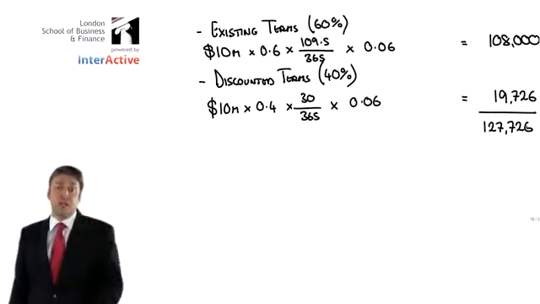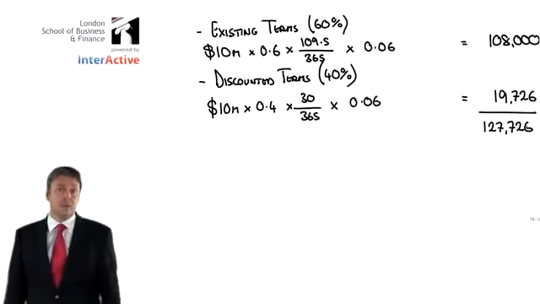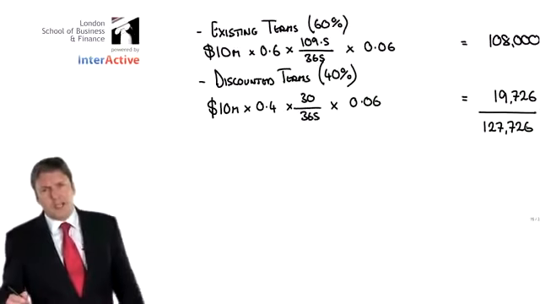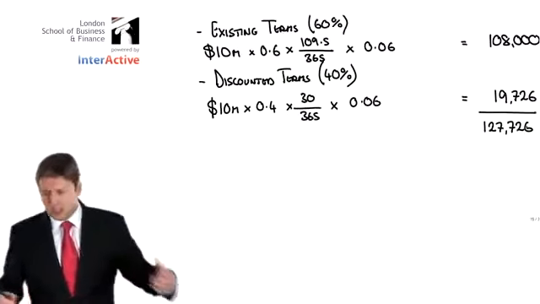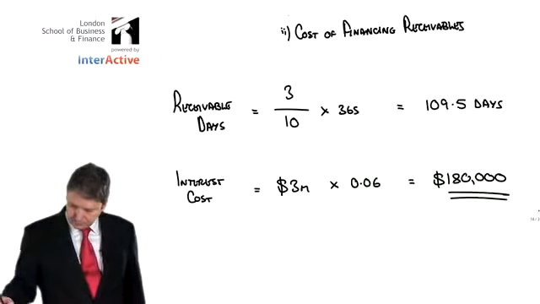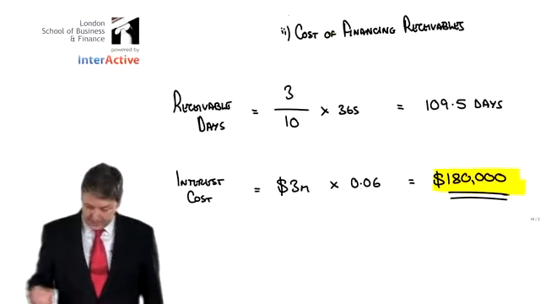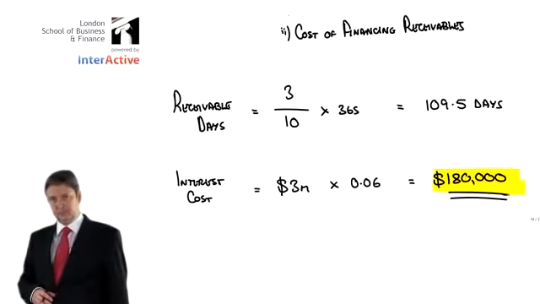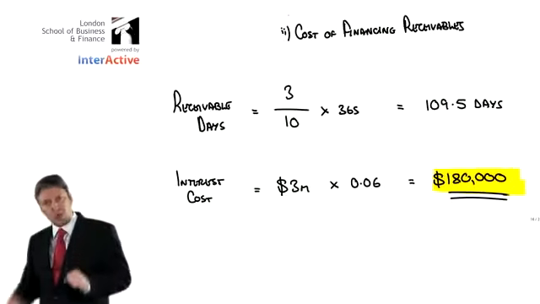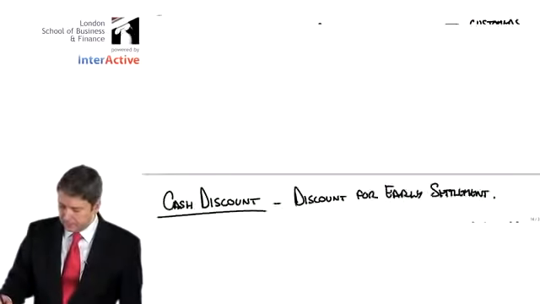Now, before we go any further, let's just remind ourselves of what we calculated before. We said that if we used normal terms, we expected the cost to be 180,000. As a result of offering a cash discount, what do we find?